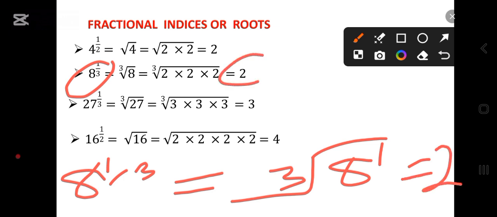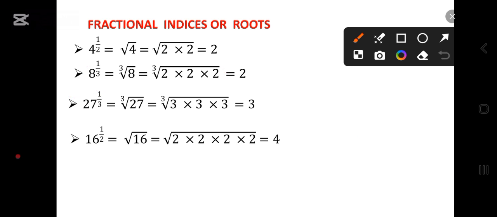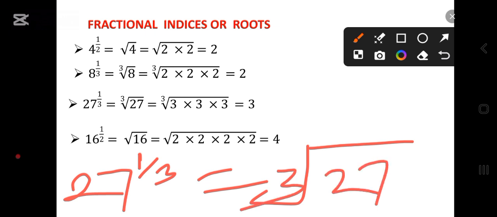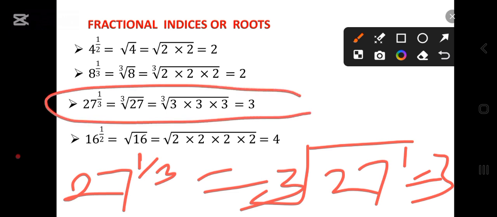That is how we have this here. We have 27 raised to the power 1 over 3. According to the law, the denominator 3 becomes the root of the number 27, while the numerator becomes the power. So the cube root of 27 becomes 3. That's how we have this expression that is here.